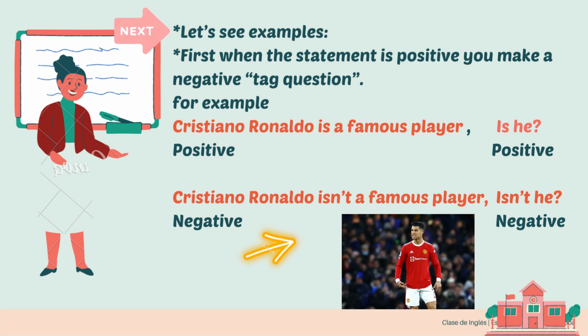So, if the first sentence is negative, the second one is positive, sorry. For example, the first one, Cristiano Ronaldo is a famous player, is positive, and the tag is negative.